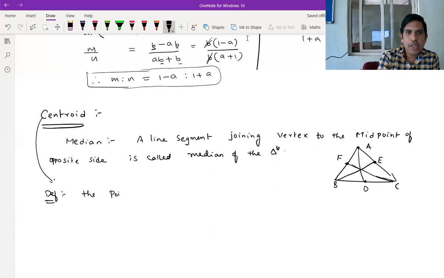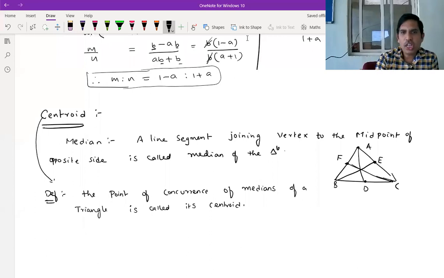The point of concurrence of medians of a triangle is called its centroid.